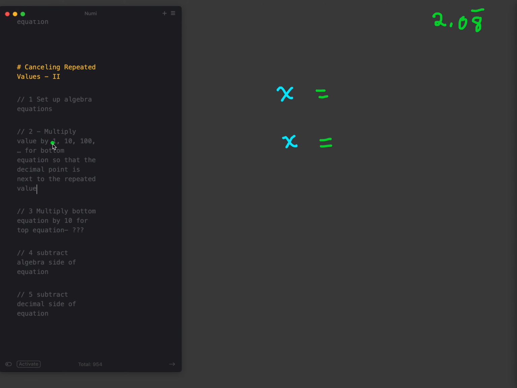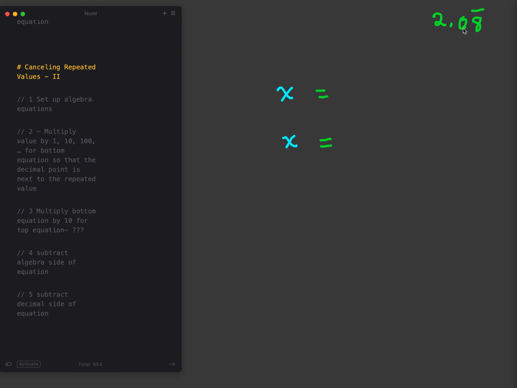But this time, instead of automatically multiplying by 1, we actually have to pay attention. If the 8 was next to the decimal place, like 2.8 repeating, we would multiply by 1 because it's already right next to the decimal place. But in this case, it's actually removed from the decimal place slightly. Notice how it's 0.08.